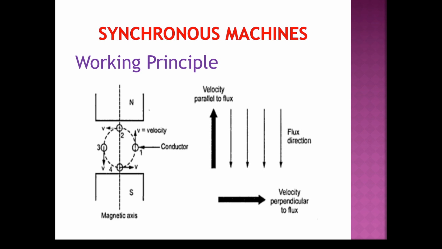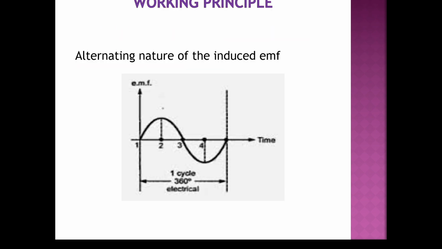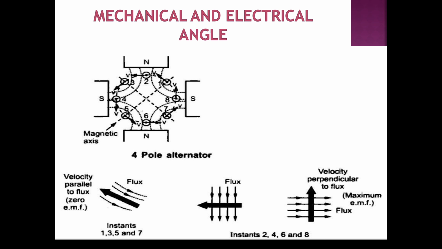At position 2, it is entirely perpendicular, so maximum EMF gets induced. Again at 3, EMF is 0. At 4, EMF is maximum but in the reverse direction. So we are getting an alternating EMF like this, and one cycle is equal to 360 degrees electrical. Now we have seen the relationship between mechanical and electrical angle also.